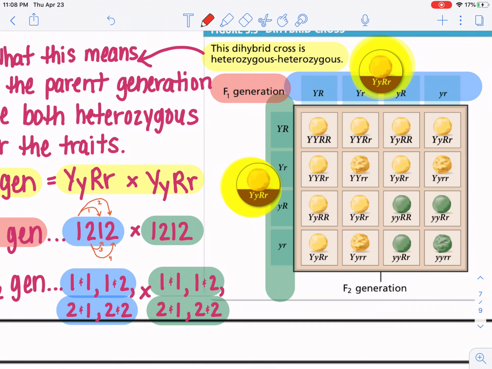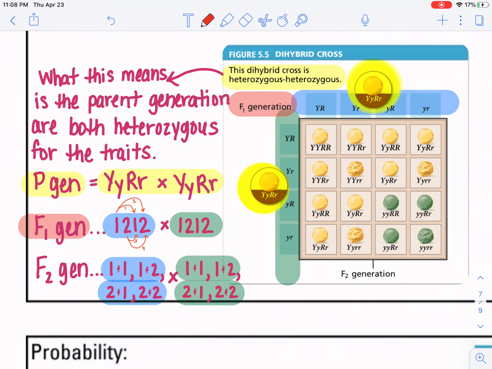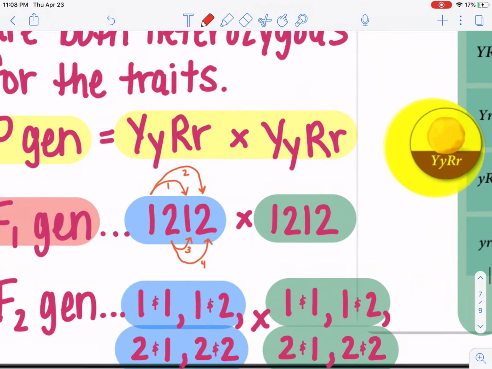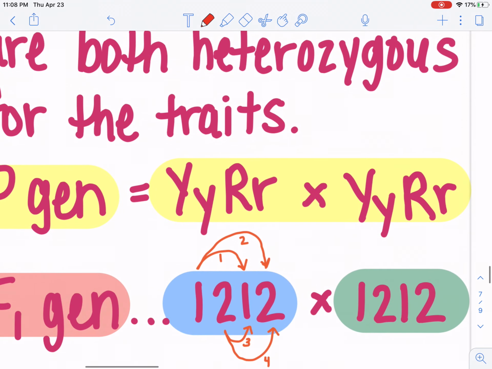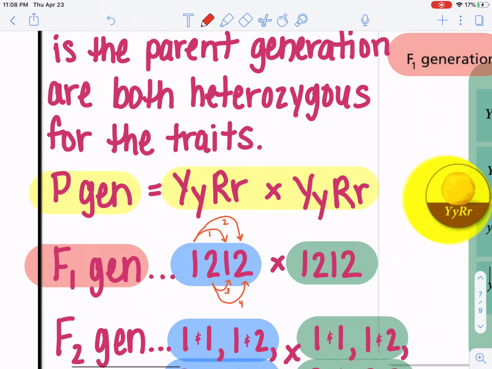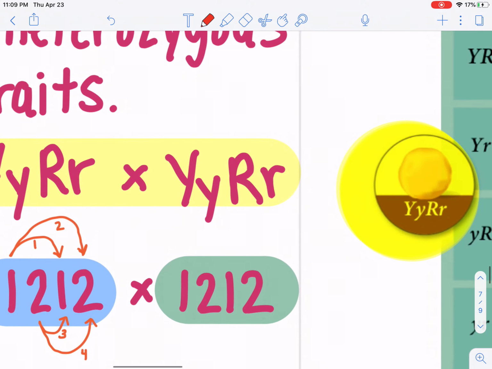So if you remember from the Amoeba Sisters worksheet, they talked about you doing the FOIL method. So that's the first, outer, inner, and last, which comes from math. What I did is I always say in my head 1, 2, 1, 2, and then 1, 2, 1, 2. So for the first generation, the parents that they gave us big Y, big R, little r, and then they gave us big Y, big R, little r.